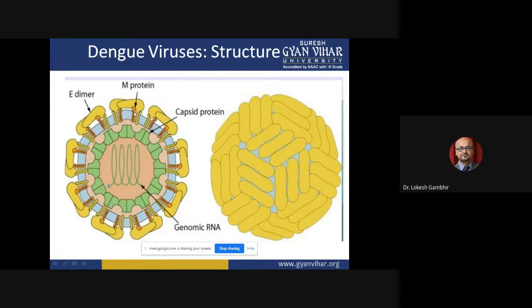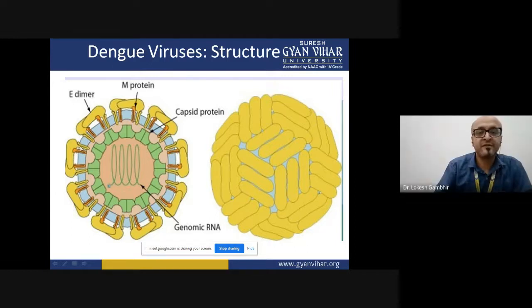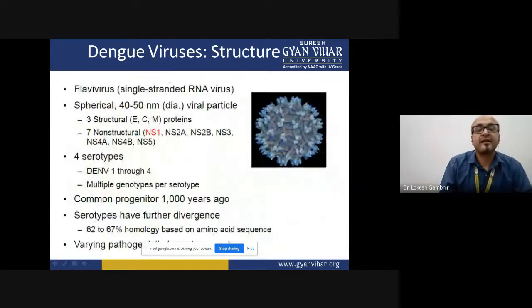One is the transmembrane protein, which is the M protein, and the other is the surface protein called the E protein, which is present as a dimer. So this is actually the simplest structural representation of the dengue virus. Now that we know what proteins make up that virus, let us go and see the remaining portion of the structural narration.